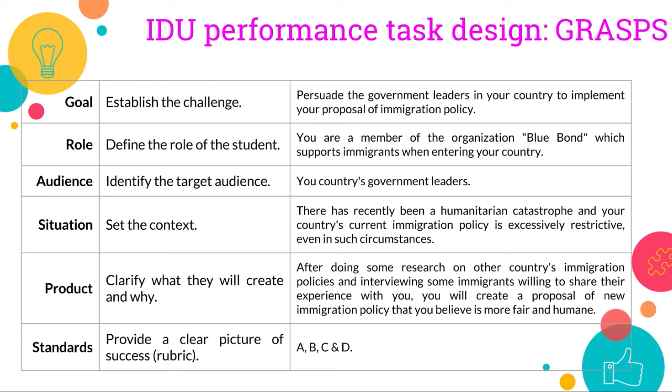Who will they be talking to? They will be talking to their country government leaders. The situation is that there has recently been a humanitarian catastrophe, and their country's current immigration policy is excessively restrictive, even in such extreme circumstances.